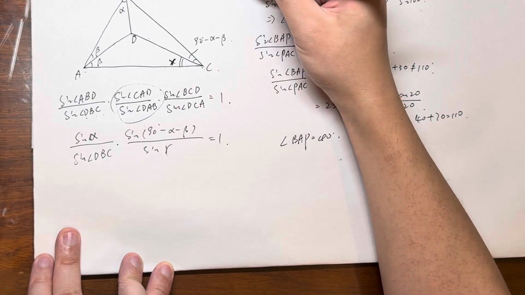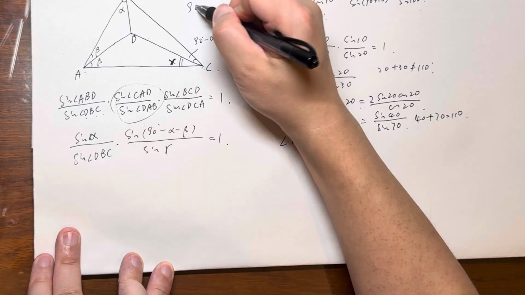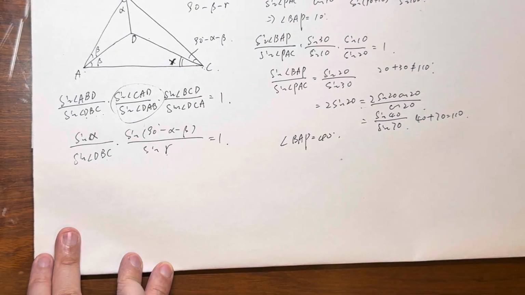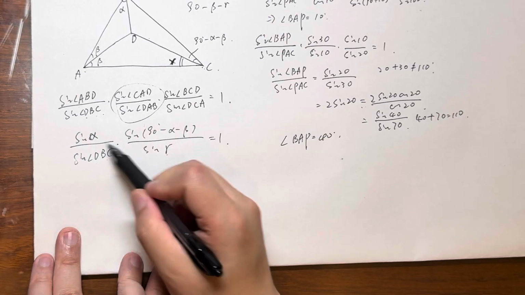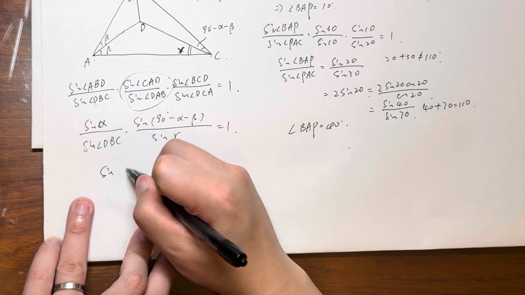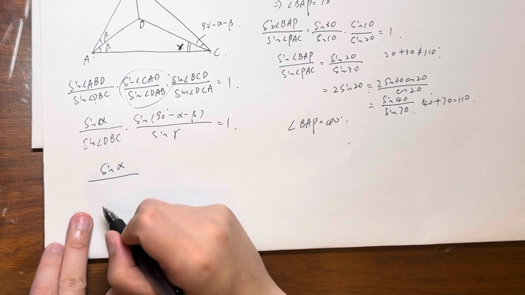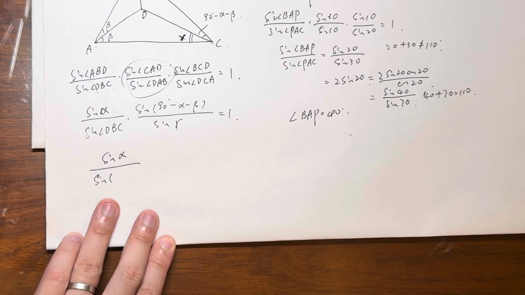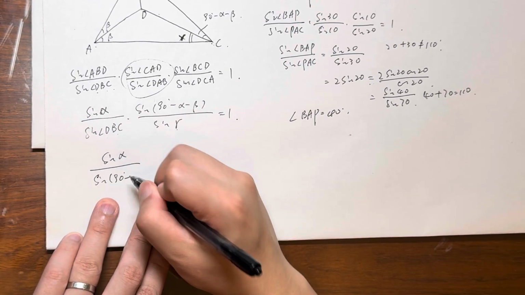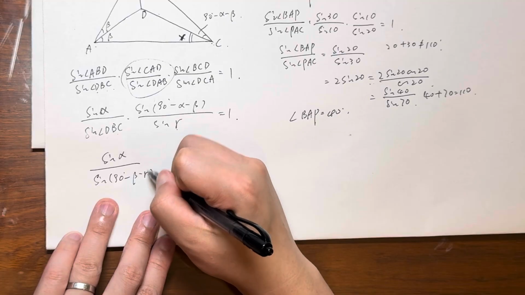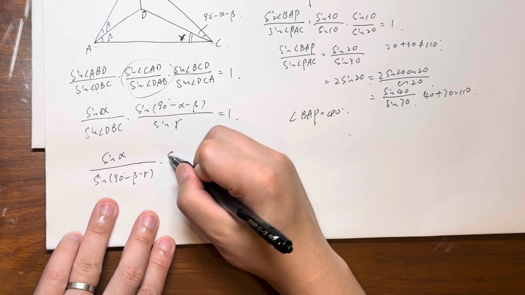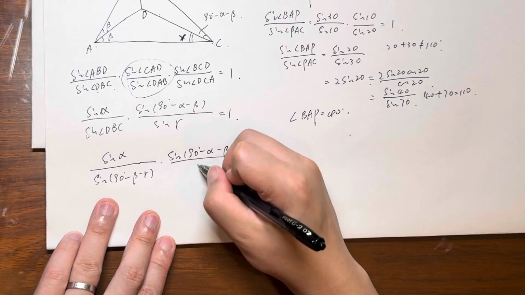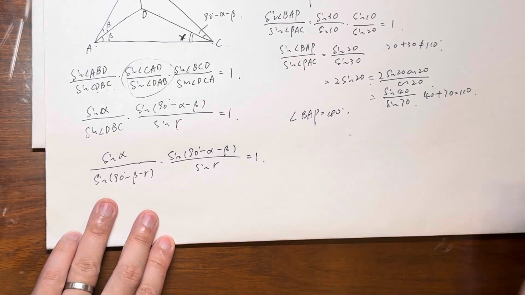These cancel, and it equals 90 degrees minus beta minus gamma. So we have sin alpha over sin of 90 degrees minus beta minus gamma, times sin of 90 degrees minus alpha minus beta over sin gamma, equals 1.